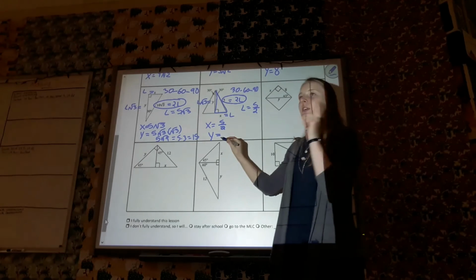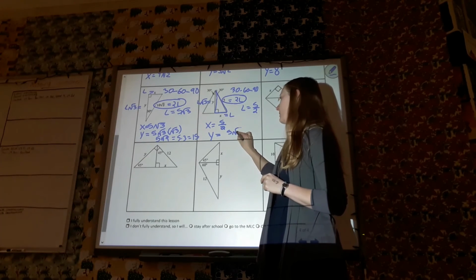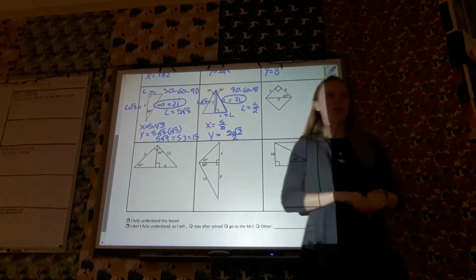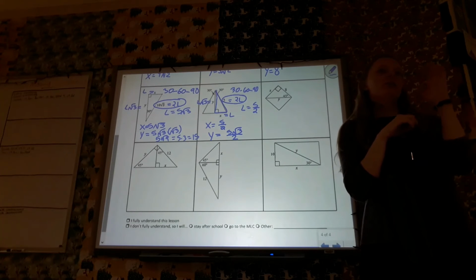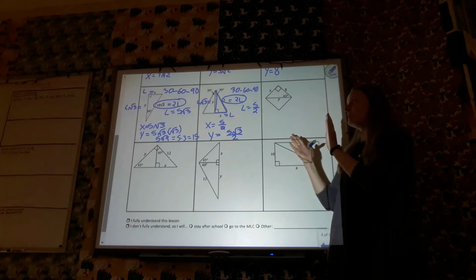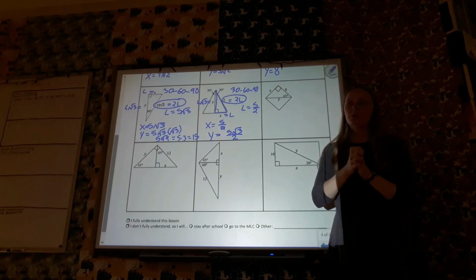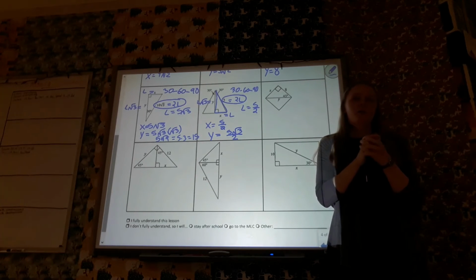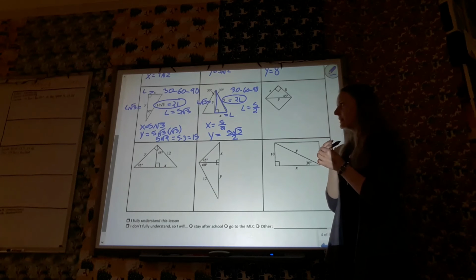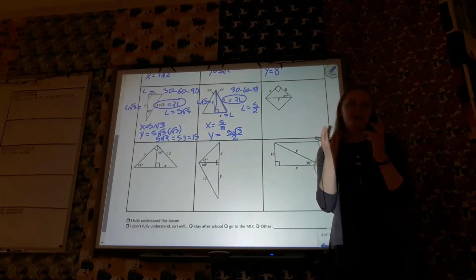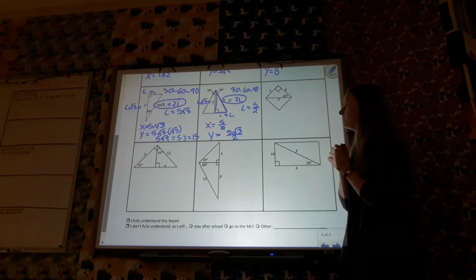Yes. However, you're going to write it like this. It is technically 5 over 2 times the square root of 3, but the square root of 3 is going to multiply with the numerator, so just write the 5 root 3 on the top and the 2 on the bottom. I know that one's a little bit weird with fractions, but you have to know how to work with all of it.